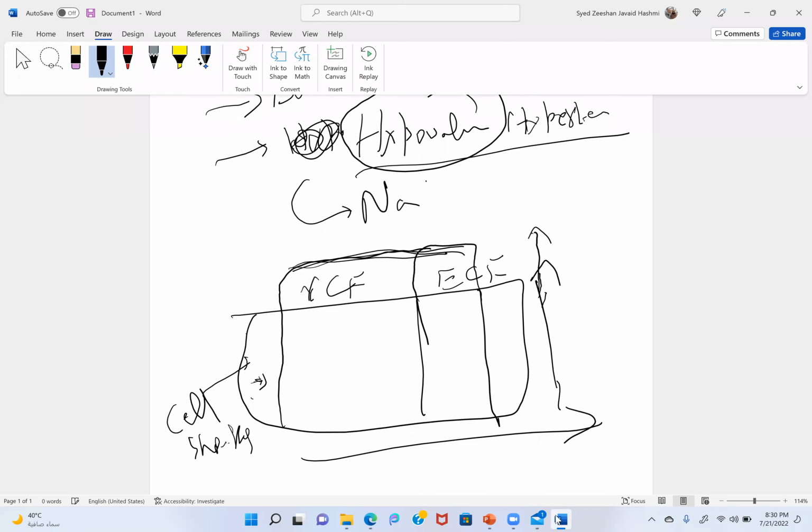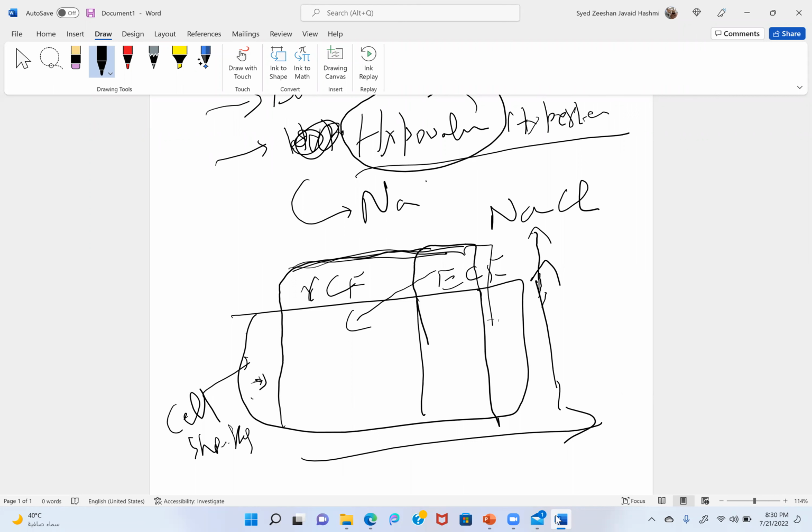Now if you give pure water, where will it go? Intracellularly. Yes, so it will affect the intracellular space, but it will not correct the volume. That is why you need to give normal saline initially.